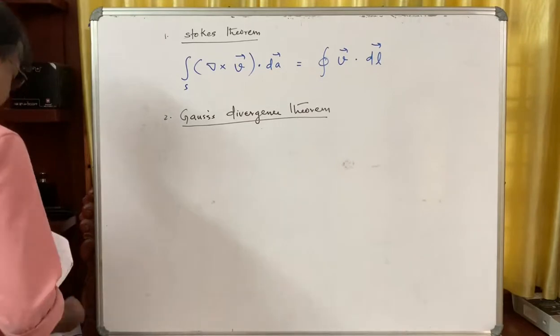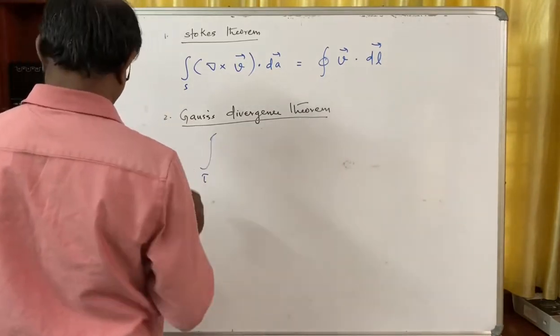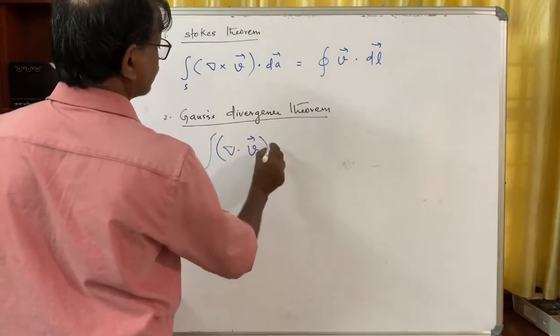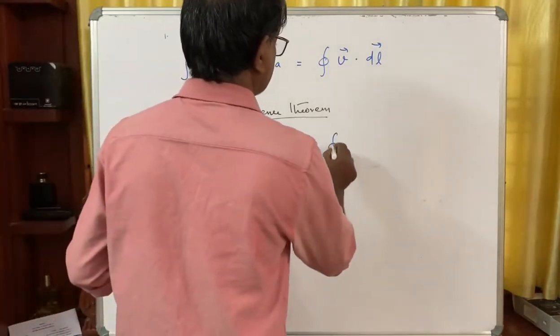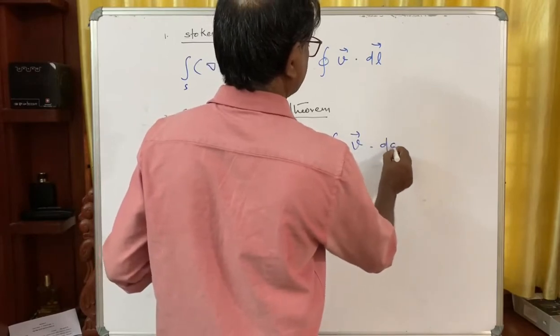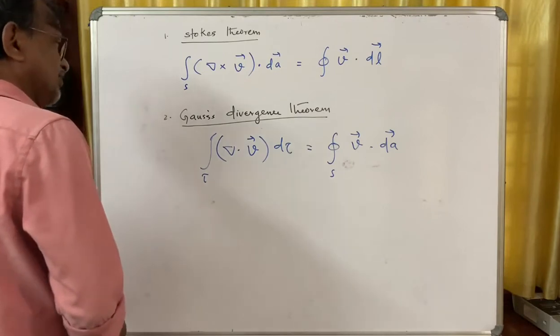Gauss's divergence theorem is the volume integral of del dot a vector v d tau, which is equal to the surface integral of vector v dot dA.